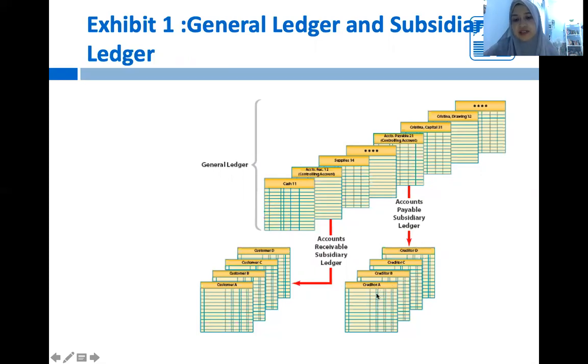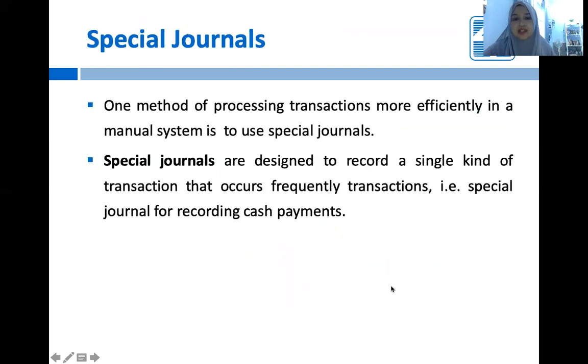It will list the balance for creditor A, the balance for creditor B, C, and D. And then we have the controlling account in the general ledger, which is accounts payable. Accounts payable summarizes and totals up the whole balances of this accounts payable subsidiary ledger.